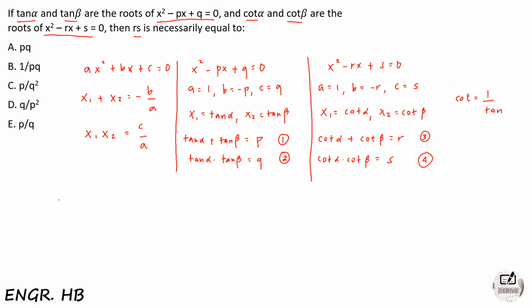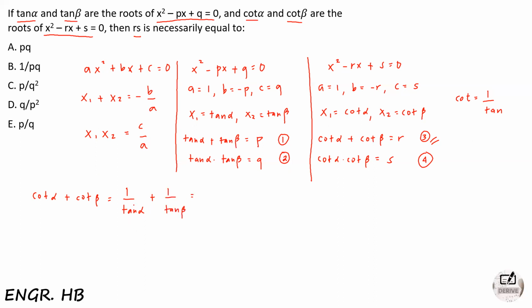So cotangent alpha plus cotangent beta, which is our equation 3, is also equivalent to 1 over tangent alpha plus 1 over tangent beta.